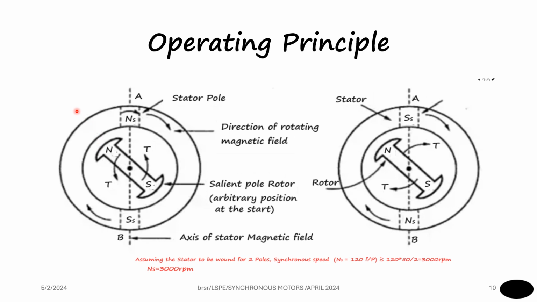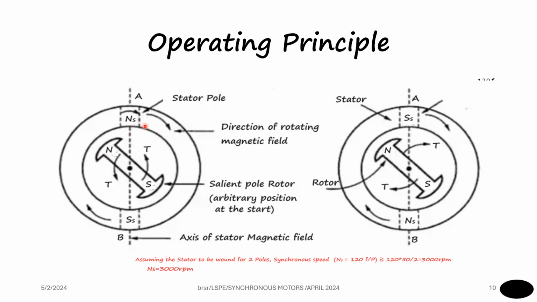The rotor is shown to be present in a position shown here, and the rotor poles are marked as north and south. Let us assume at any instant of time the stator magnetic poles Ns and Ss are aligned in the line AB.